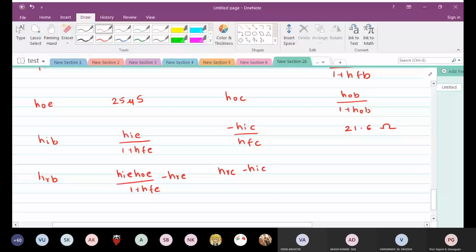These are simply conversion formulae. The typical value of HRB is 2.9 into 10 to the power minus 4.